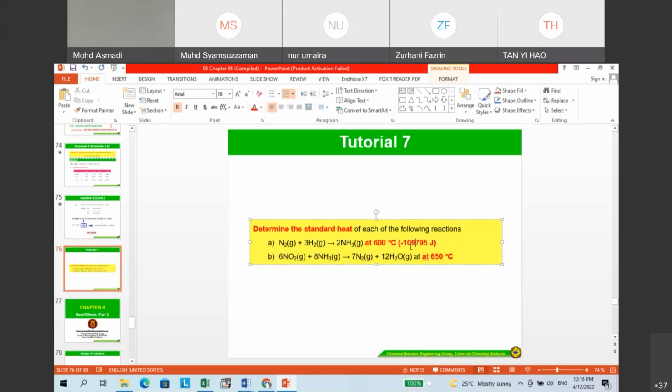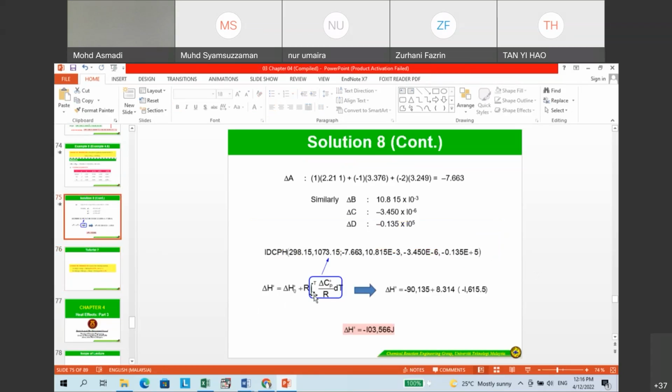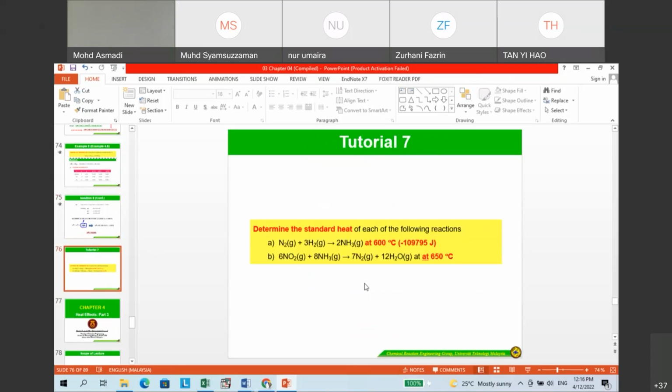Okay. So please remember that this one you have to times with R. Once you calculate CP, you have to times with R and plus the delta H not. So this is my answer. Okay, I'm not sure, so you have to recheck and recalculate.